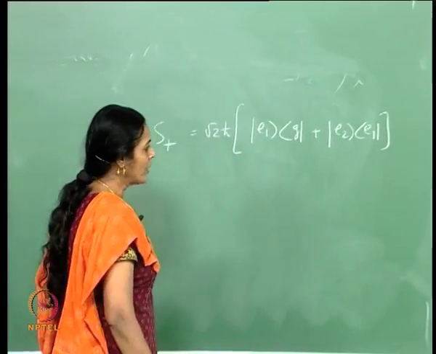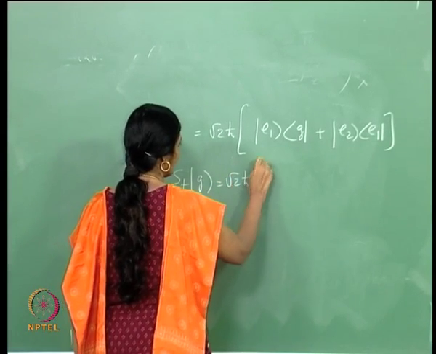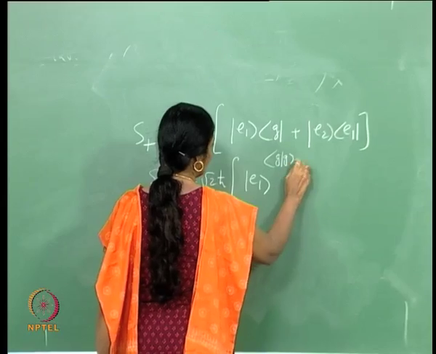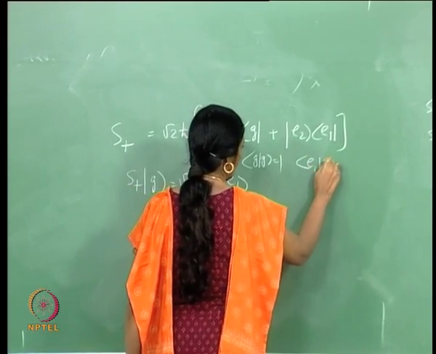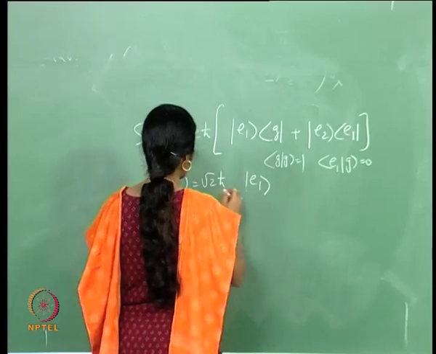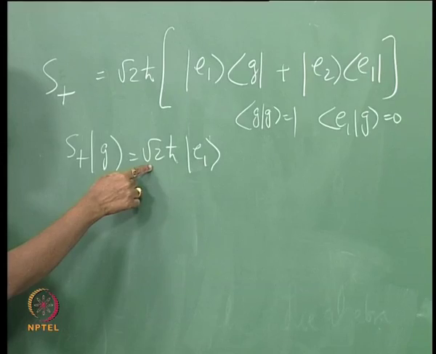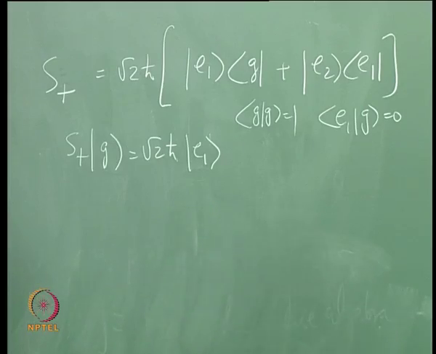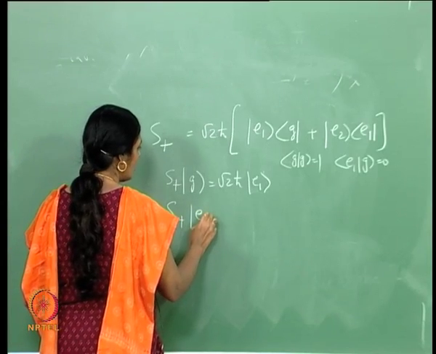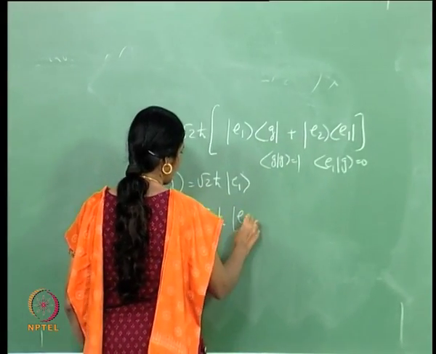I have written this just by inspection because I can see that S plus acting on G is E1, because GG is 1, E1G is 0, and therefore it is obvious that S plus acting on G is root 2 h cross E1. The root 2 is there because I have tailored it to suit the commutation algebra. S plus on E1 would be root 2 h cross. This will not contribute and that will give me E2.